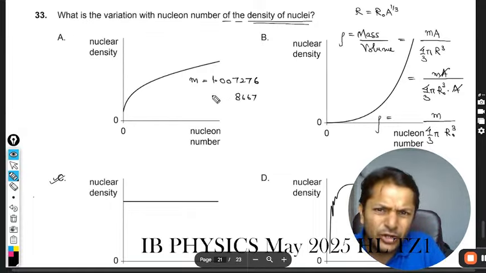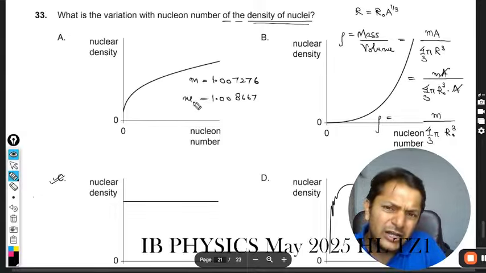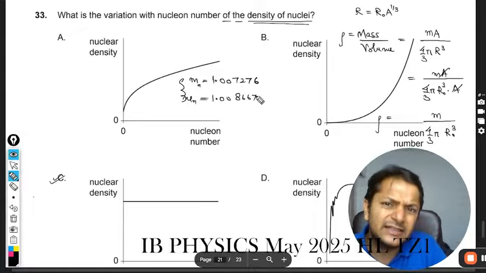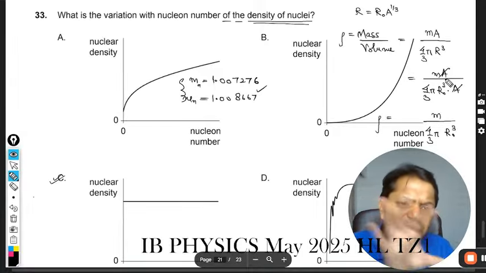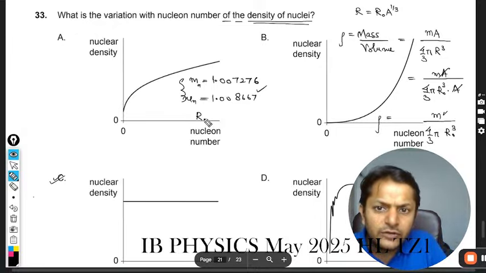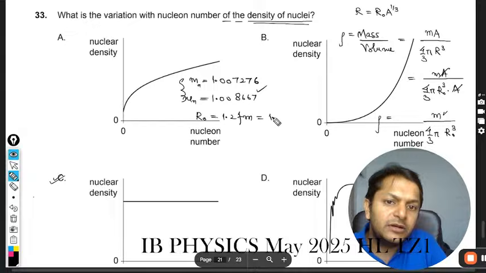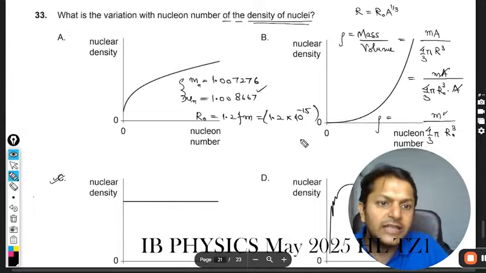And if I'm not wrong, it is this much AMU for neutron. So approximately we can take a constant value for the mass m here. And the r naught value is also a constant, 1.2 Fermi meter. Fermi meter means 1.2 into 10 raised to power negative 15 meter. That we can plug in here.